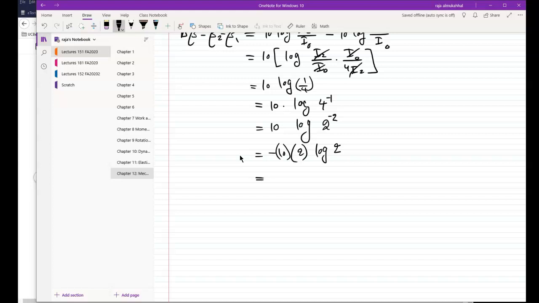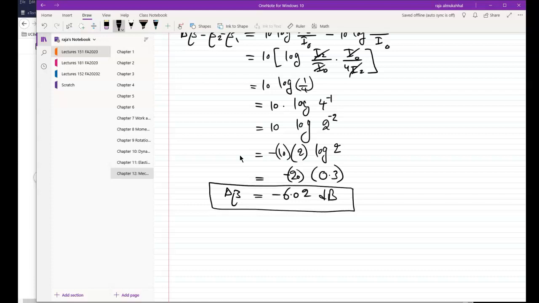And log 2, if you look it up, use my calculator for that, and then you work it out. Log 2 is basically 0.3. And this one is negative 20. And that gives me negative 6.02 decibel. So delta beta is that.